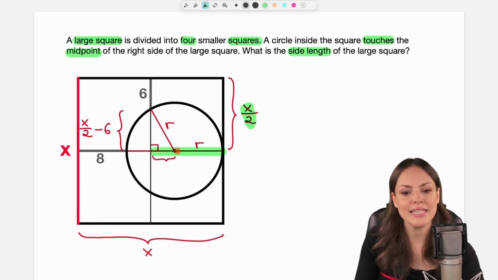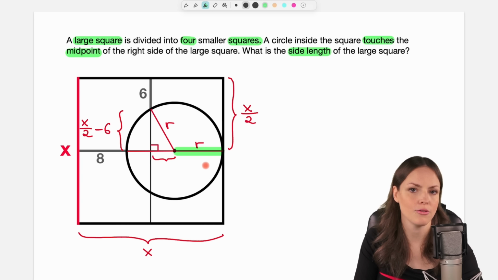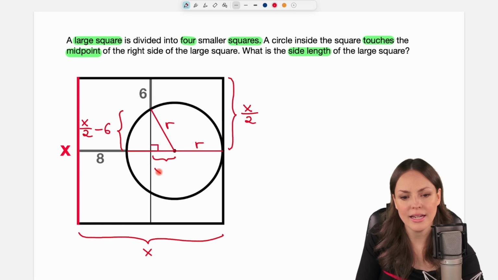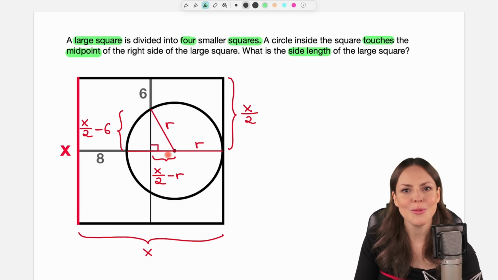I'm not interested in the entire side, so I would have to subtract the part that I'm not interested in, which is my r. So let's do this. We take the entire side, the x over 2, and subtract this part here, the r, and then this is what is left.